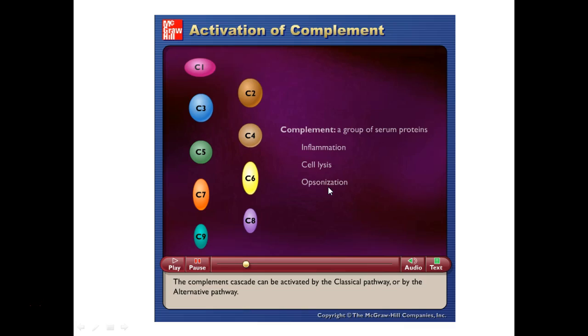So now in this video, the rest of it, we're going to talk about how do we start this process. So this is really great, right? We get opsonization, we get cell lysis maybe, we get inflammation, the influx of neutrophils to kill. How does it start though, right? And so that's the next thing that we're going to look at, right, is how does it start?